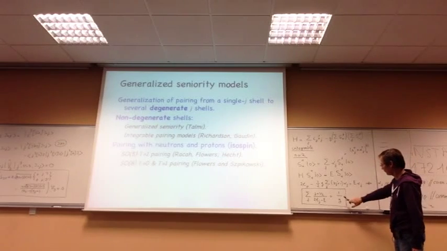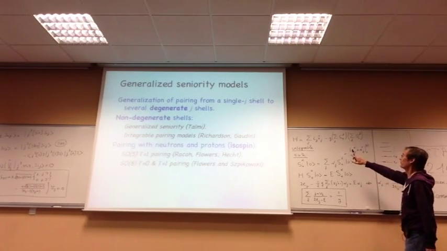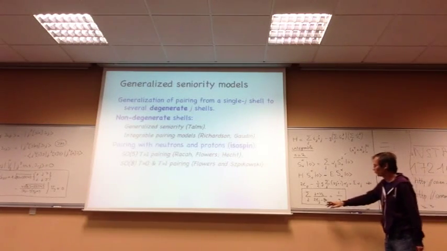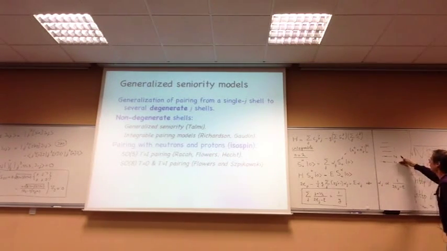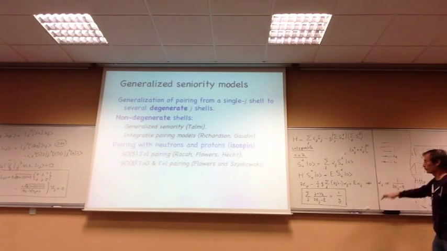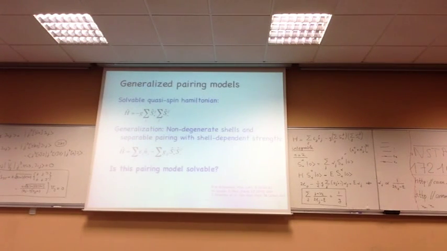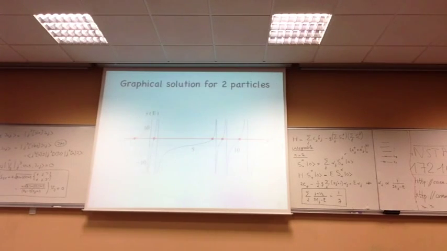So in nuclear physics, this will be a positive number, so it's an attractive pairing interaction. And the epsilon j's are the single particle energies. And so you have to solve this equation, and this you can do graphically. This is the graphical solution of this problem.